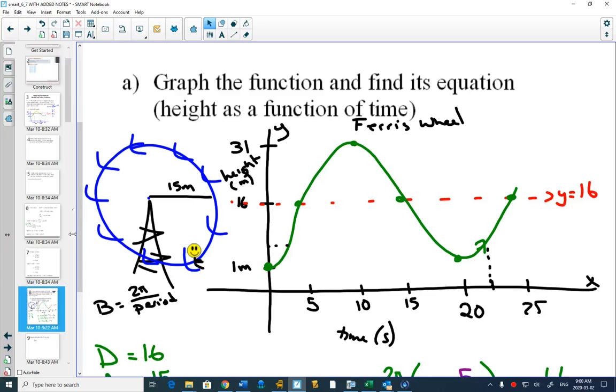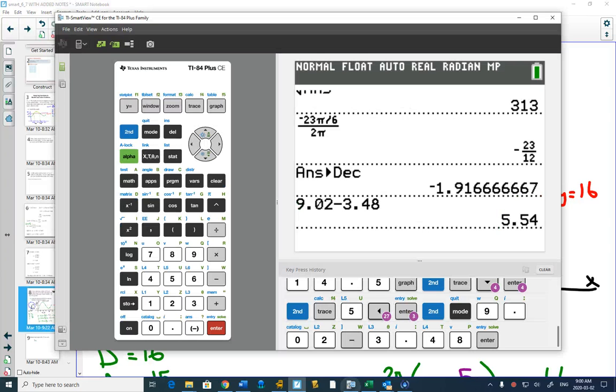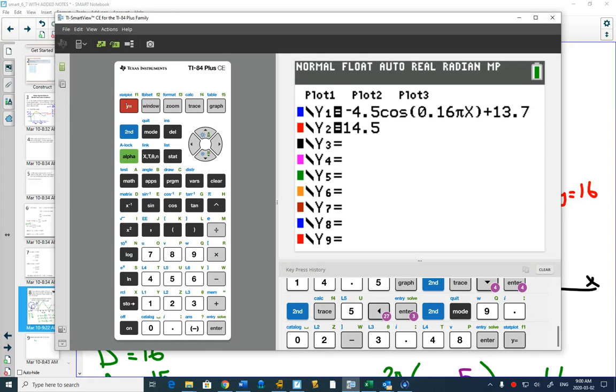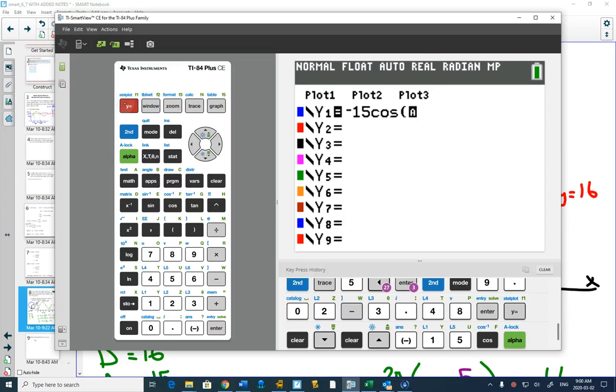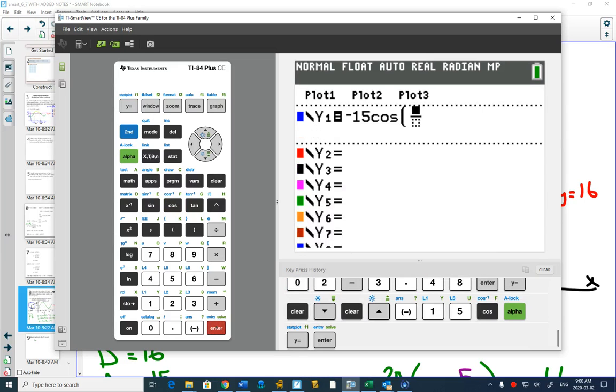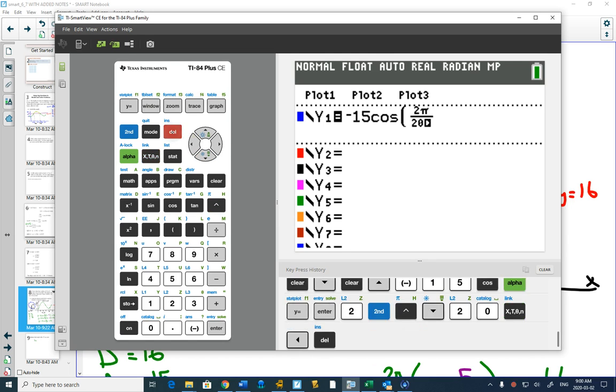If you wanted to find out exactly what happens at 22 seconds, we'd have to go to our graphing calculator. Type one of those equations in. So I'm going to do the negative cos graph because then I don't have to put in a shift. Negative cos, 2 pi over 20, x bracket plus 16.